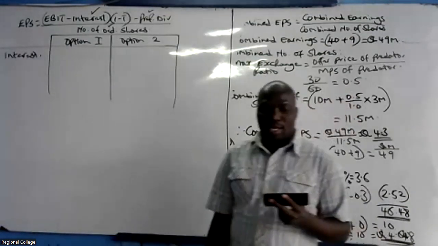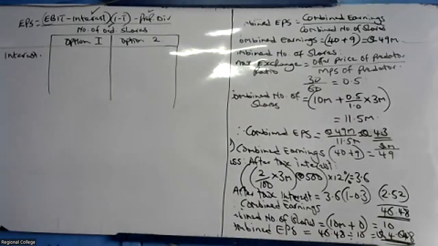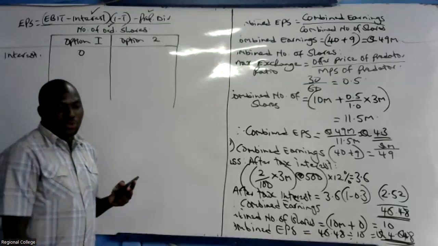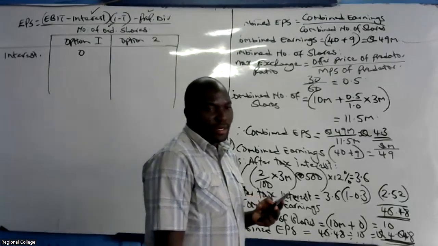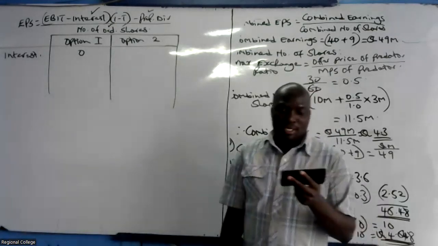Now, under option one, do you have any interest? Currently Nangina has no interest, and even after acquiring Query with option one, there will be no interest coming in. So interest is equal to 0. What of option two? We are giving out some debt, so interest will be there.